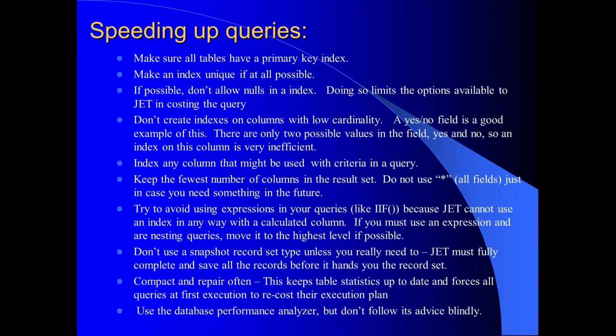Things like IIf, calculated columns, things like that, because JET cannot use those in an index operation, any calculated column. So the minute you start joining on calculated columns, you're messing yourself up. If you need to use an expression and you're using something called nested queries, which is one query that refers to another, try to keep those expressions in the highest level possible.